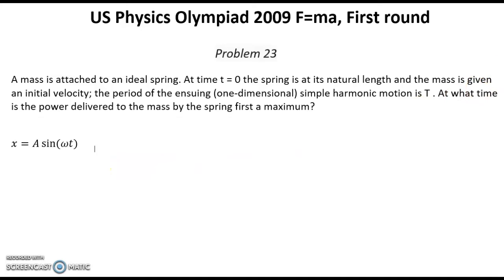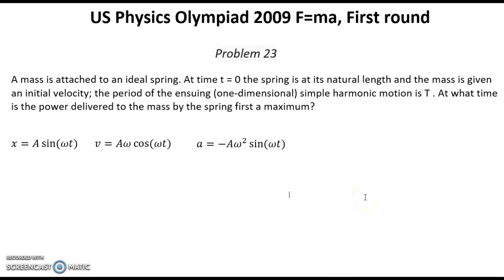Second, we can find the velocity, just by taking the first derivative with respect to time. That will be this expression, A omega cosine omega t. Second, we take the second derivative to find the acceleration. That's negative A omega squared sine omega t.